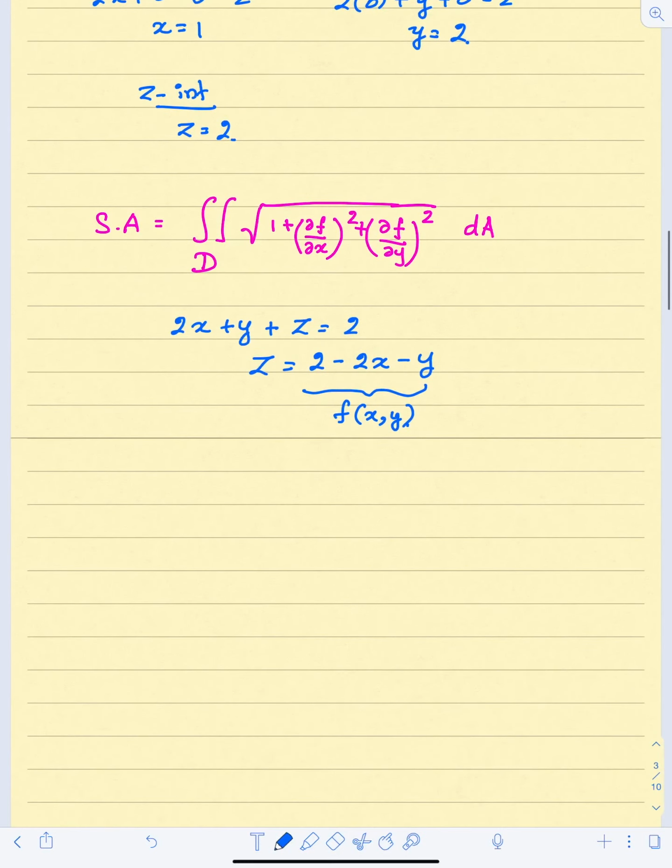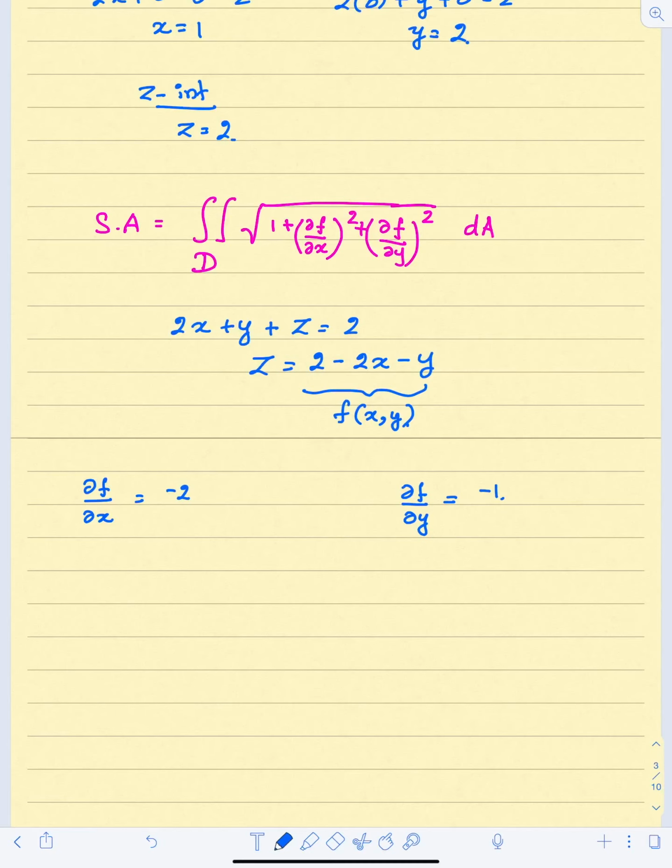Let's calculate partial f of partial x and partial f of partial y. The derivative of f with respect to x equals negative 2. Partial f of partial y equals negative 1.